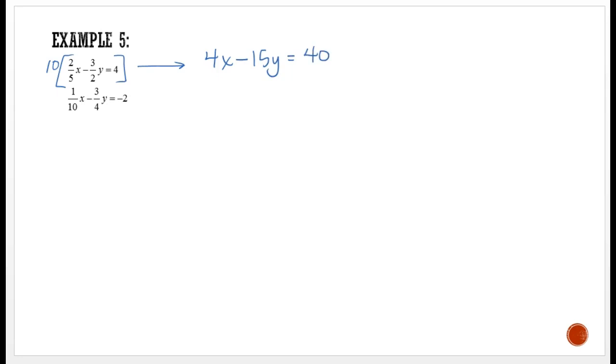And the bottom, what's my least common multiple between 10 and 4? Well, that would be 20. So 20 tenths is 2x, minus 60 fourths is 15y equals negative 40.